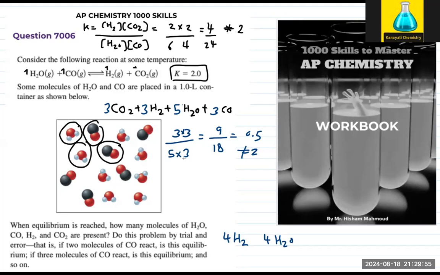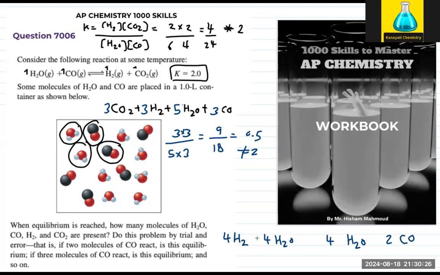H2O we have 1, 2, 3, 4, 5, 6, 7, 8. 4 of them reacted, so remaining 4 of the H2O, and from the 6 CO, 4 of them reacted, so 2 remaining of the CO.